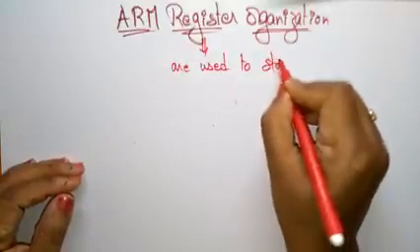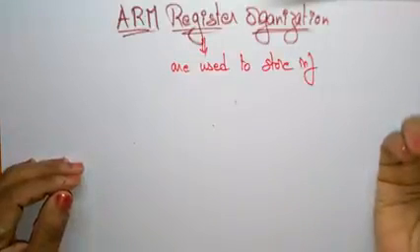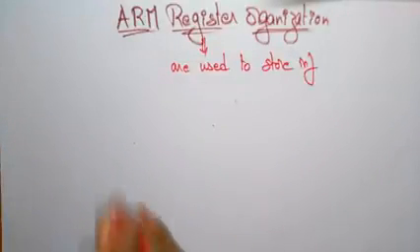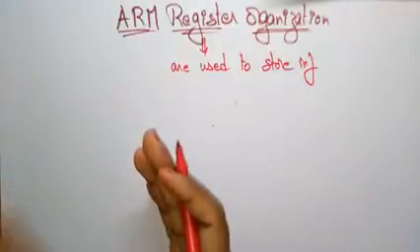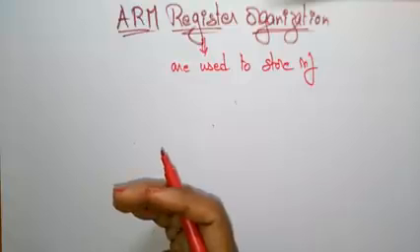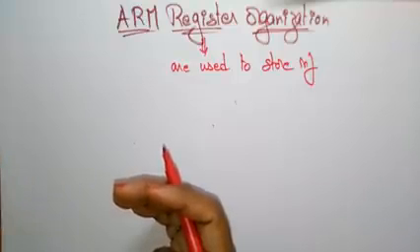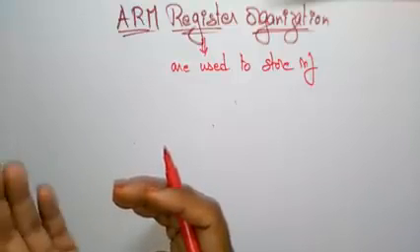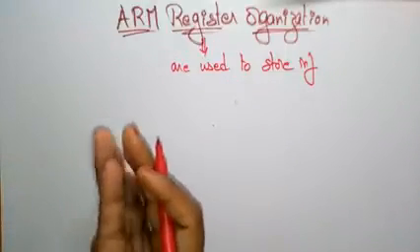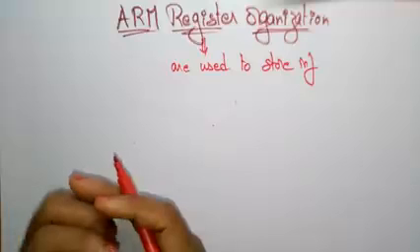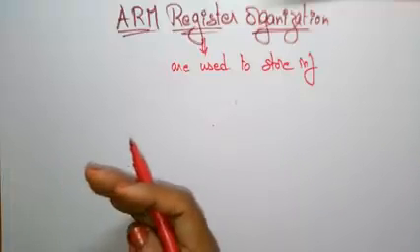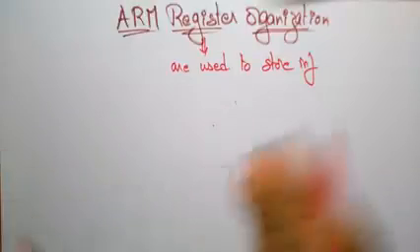The count of the registers may vary from architecture to architecture. ARM has only 32-bit registers. They are temporary registers.